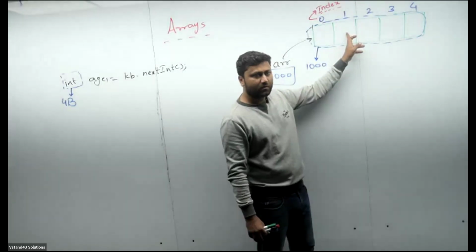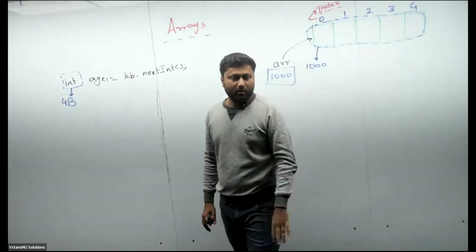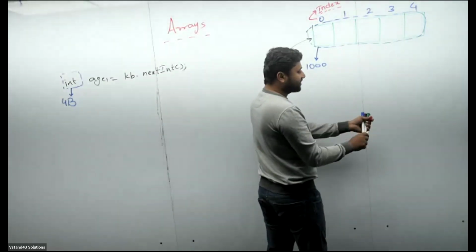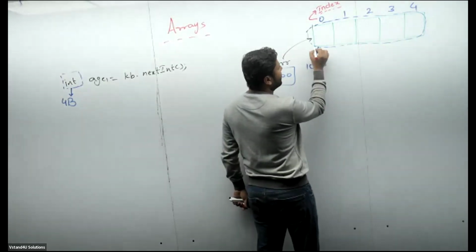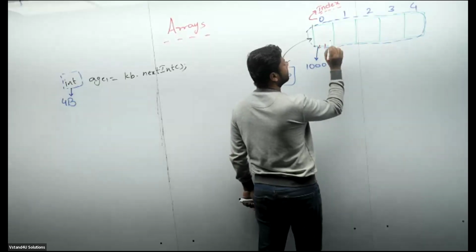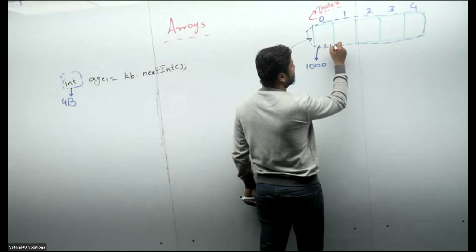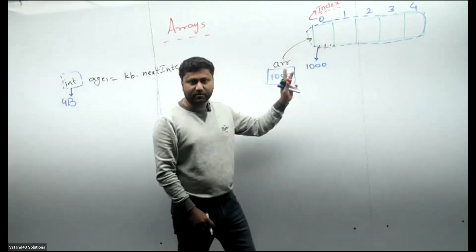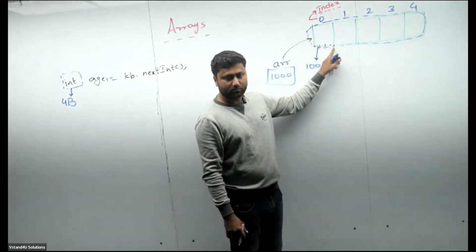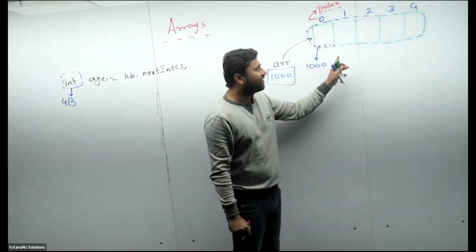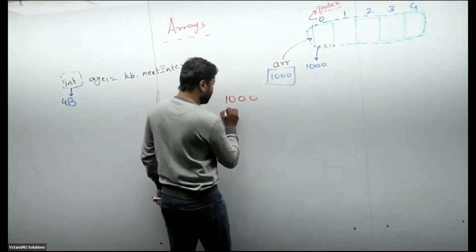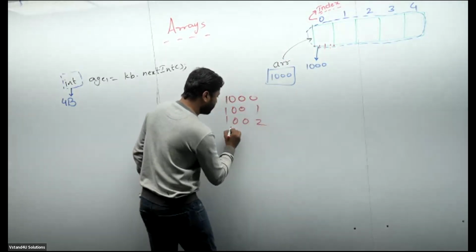Now, I want to go to the next location. If the start is 1000 and 4 bytes are required, the addresses are 1000, 1001, 1002, 1003.